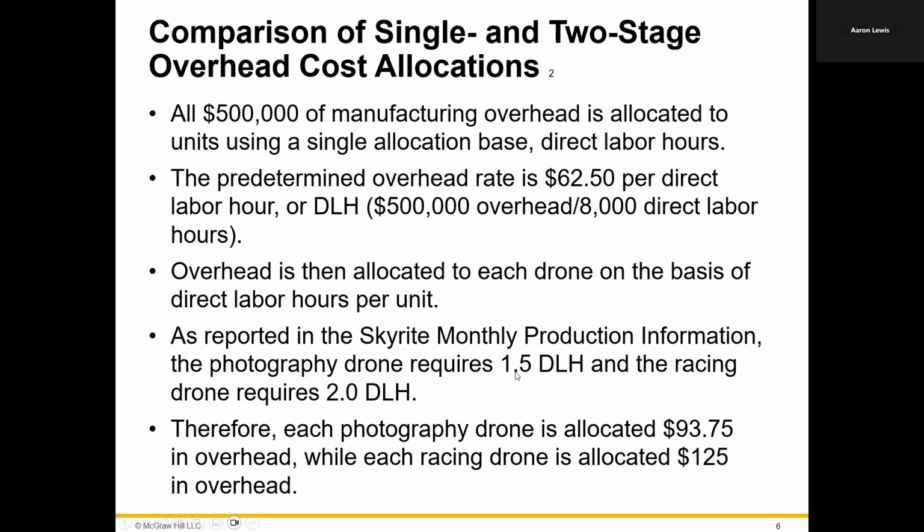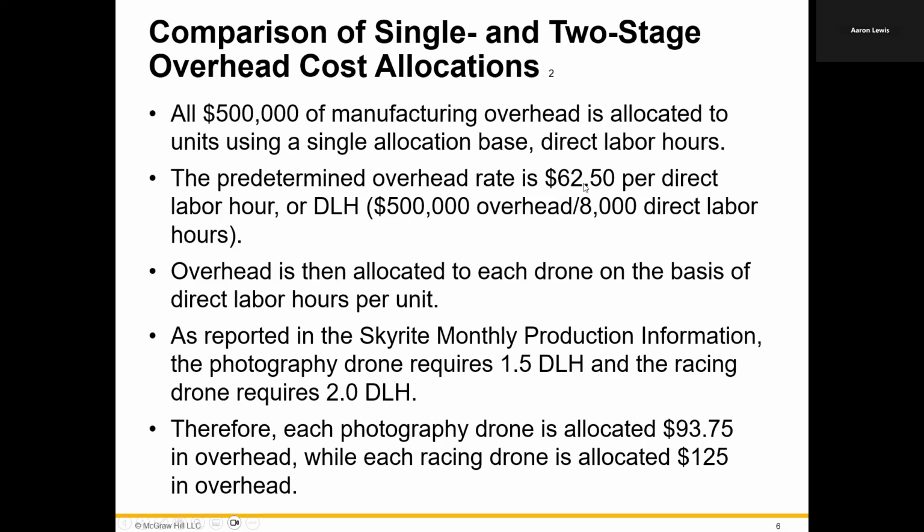If we go down here, we can figure out how much in total is going to go into each different product. The photography drone takes an hour and a half of direct labor to produce. Well, it's 62.50 an hour times 1.5, which means that for every unit they produce, we're going to end up putting in $93.75 of overhead.